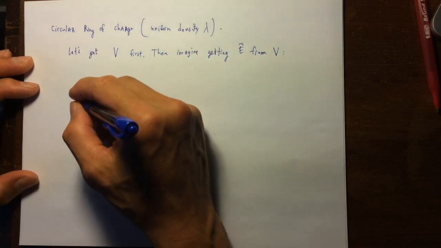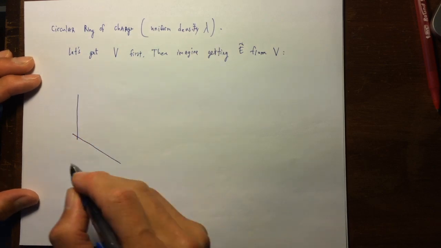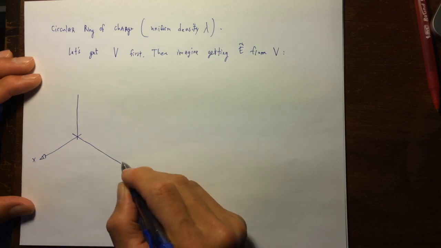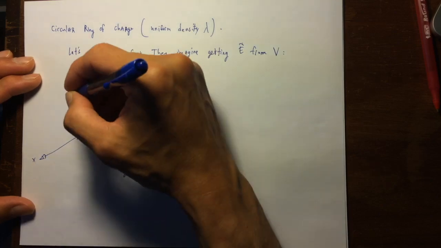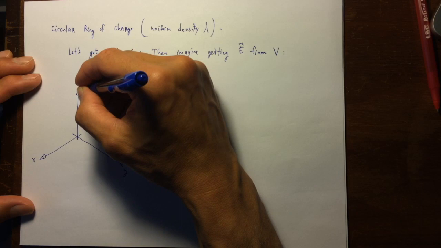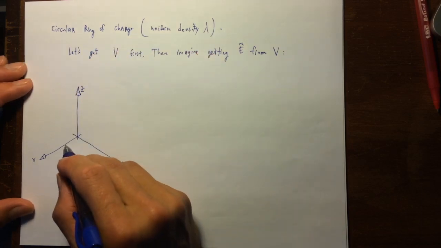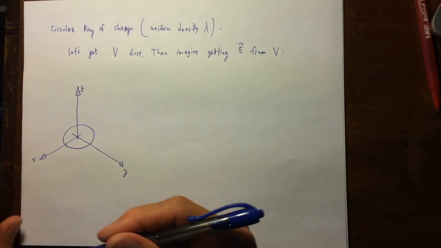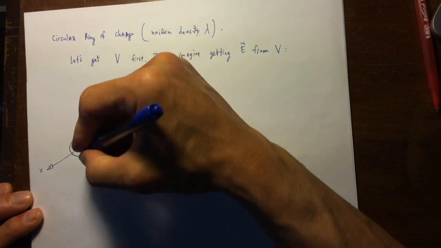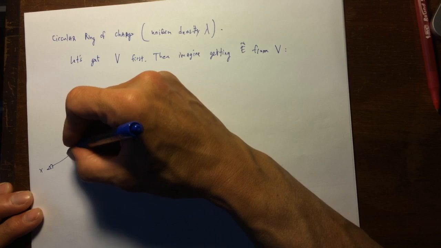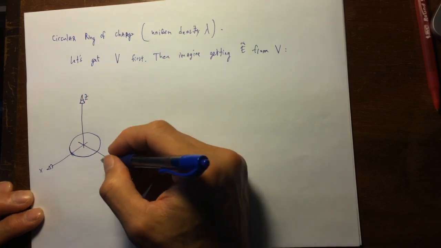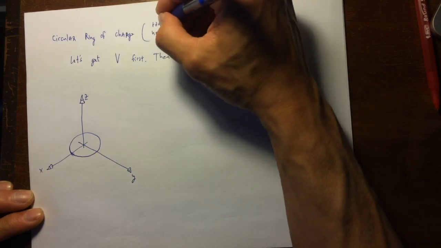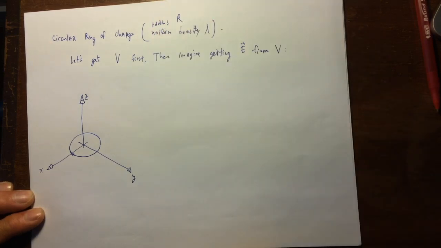So draw a picture. Let's say that our ring lies in the xy plane. So the z-axis is up here. And here is a picture of the ring. This is my charged ring, ring of charge, uniform density, let's say radius capital R.